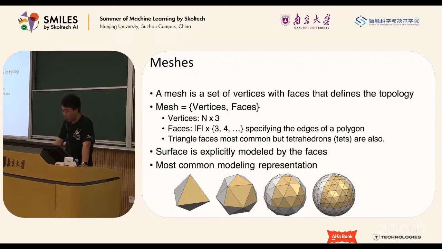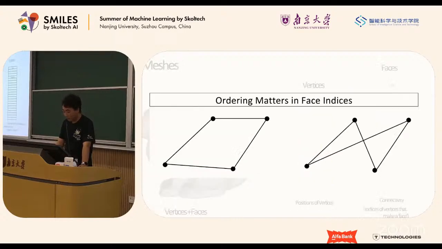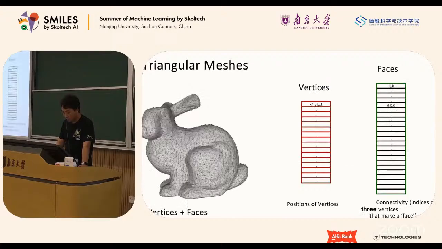Like if you play games, all the characters and things are stored as a mesh. Triangular meshes are widely used because they represent an object as a set of triangles.